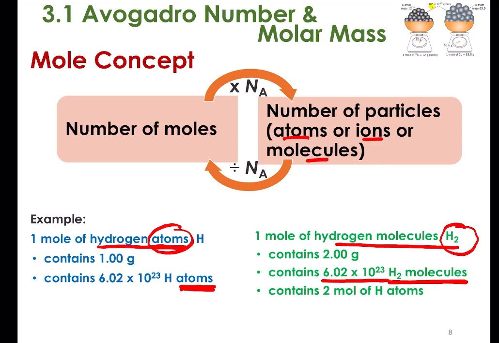So when you have 2 moles of H atoms, can you put the value based on Avogadro's number in terms of atoms? Yes. So I will just multiply the 2 mol by Avogadro's number, so I multiply by 6.02 exponent 23. And in this case you will get the value in terms of Avogadro's number for H atoms.